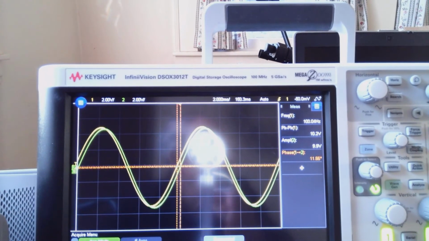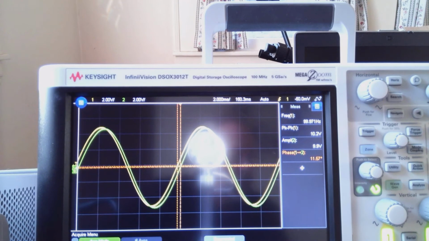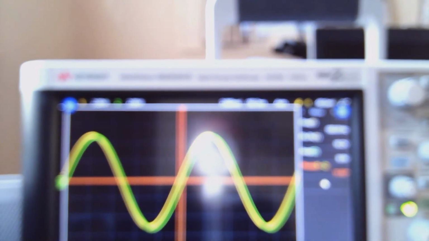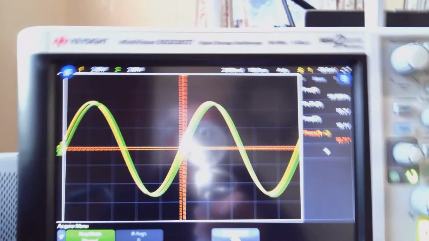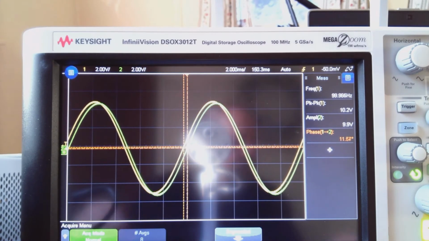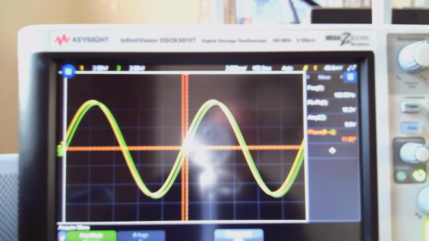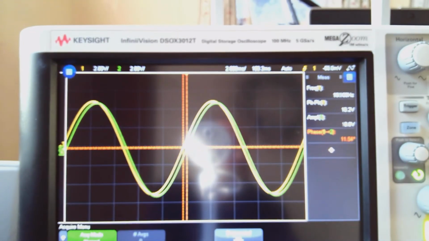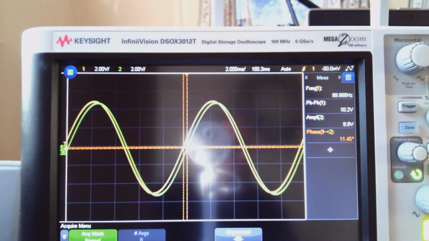Hopefully we'll have a nice picture, there's an automatic focus here. Let's see if we can get this to take and give us a nice view of the scope. Try the automatic focus one more time. There we go, a lot better, I guess.